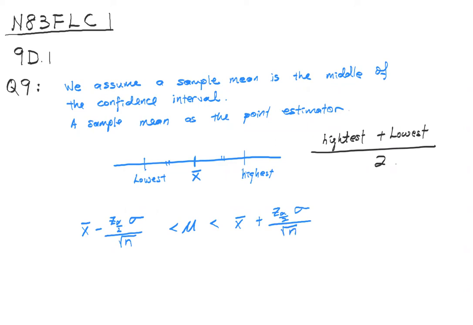So you add these two up, and you get 2 times the sample mean. So remember this. To find the sample mean given the confidence interval, you take the highest plus the lowest, divide by 2. Got it?